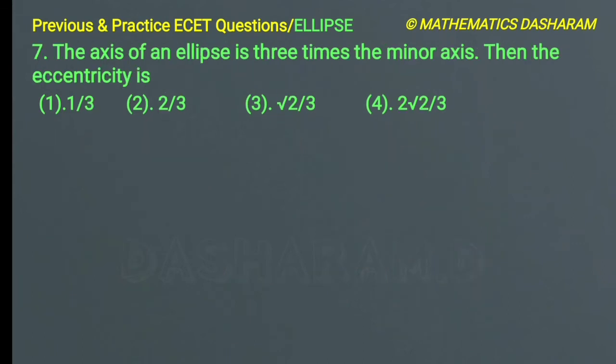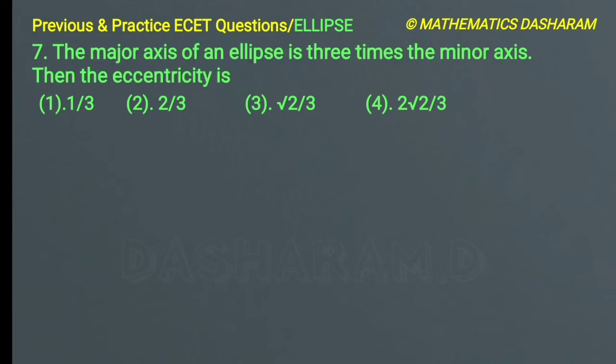Seventh question, the major axis of an ellipse is 3 times the minor axis. So then the eccentricity is... the major axis formula is 2a and the minor axis formula is 2b. So the major axis is 3 times the minor axis.